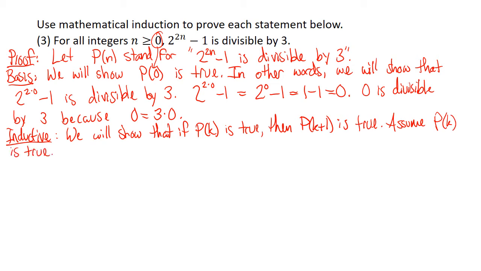Okay, and now what does that mean? For p of k to be true, that actually means 2 to the 2k minus 1 is divisible by 3. So this is what we're assuming, and this is the information that we're going to be using later on.